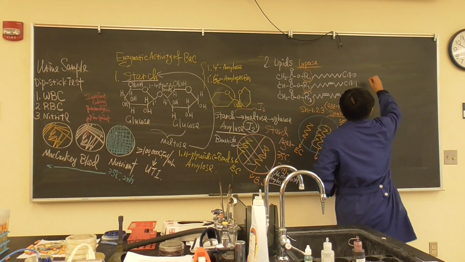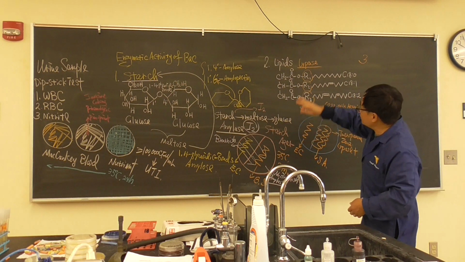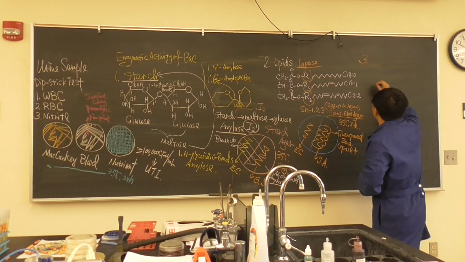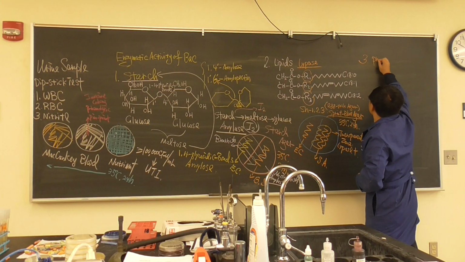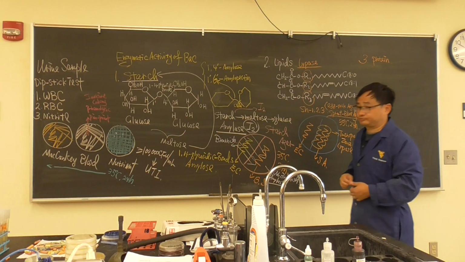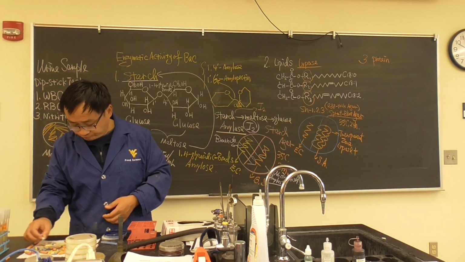It's the same like when you eat egg yolk. Okay, number 3. So we have starch, we have lipase. What else do we have not covered? Protein. Bacteria can use protein. Okay, so what is the protein going to look like?